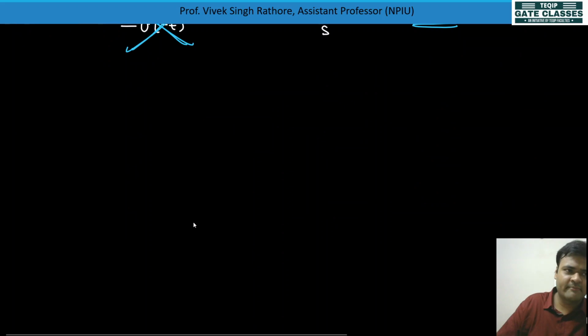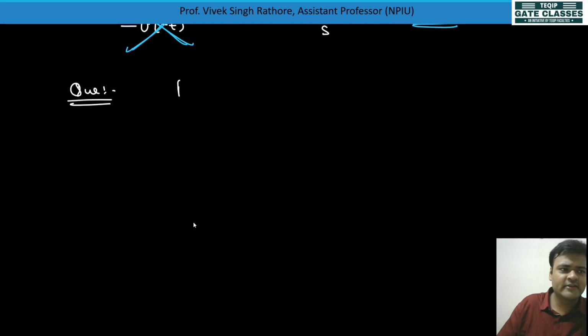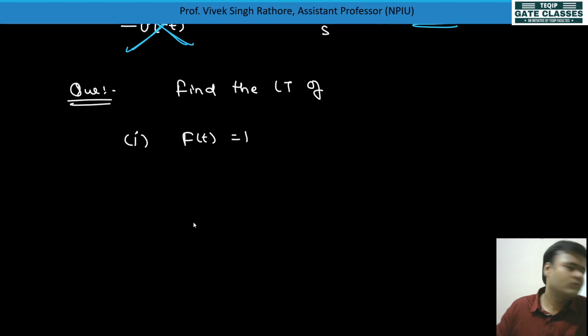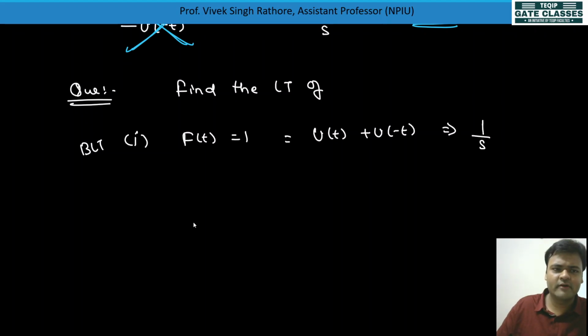I'll tell you one more example, then you can understand it. Find the Laplace transform of f of t equal to 1. Let's suppose f of t is equal to 1. It can be written as u of t plus u of minus t, right? In the bilateral Laplace transform it can be written this way, because u of minus t will exist in bilateral. So this Laplace transform will be 1 by s minus 1 by s, so its value is 0.